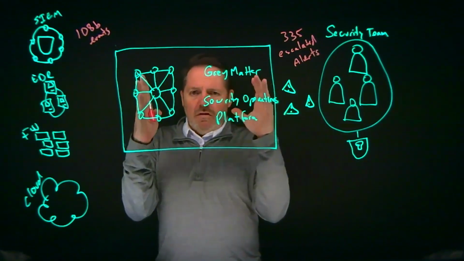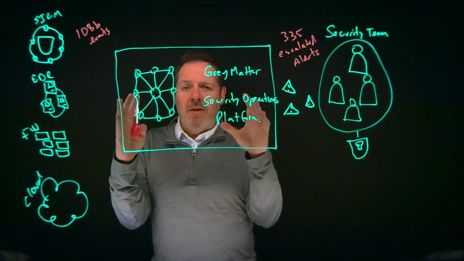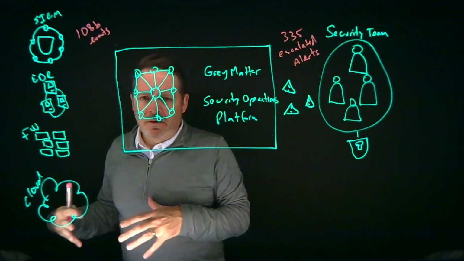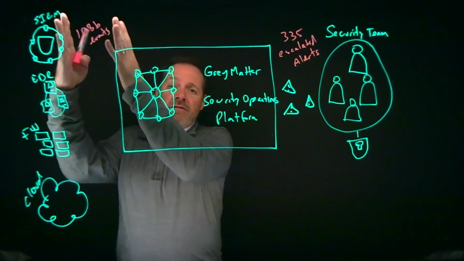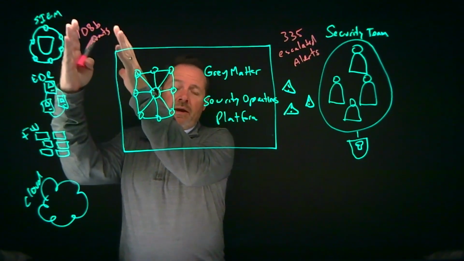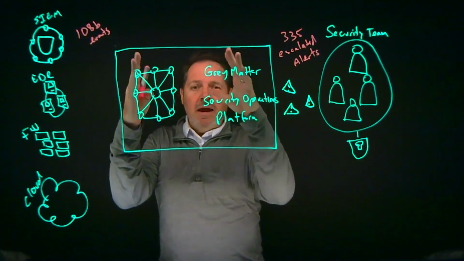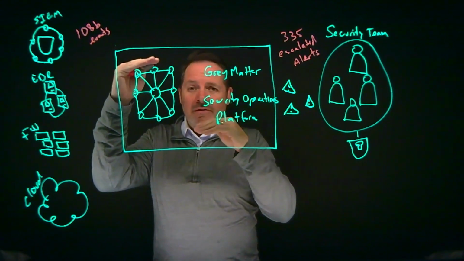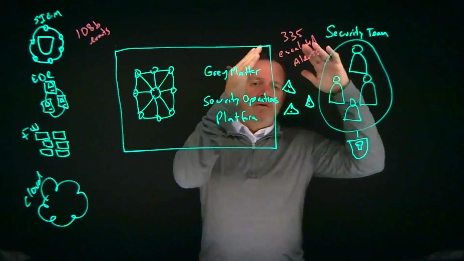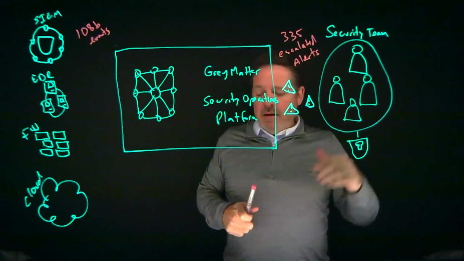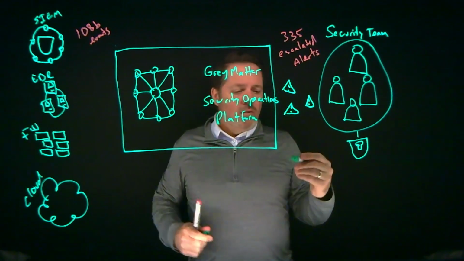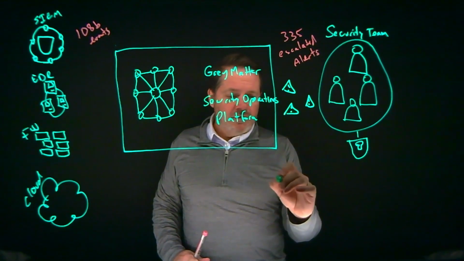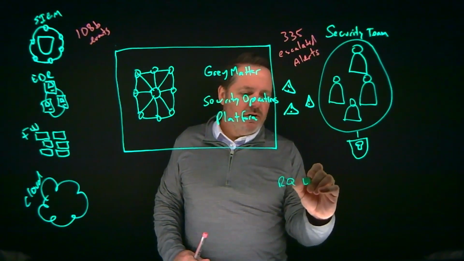And so the power of this platform is, how do I take all the noise and all the tools that customers have, and all the data that those tools bring, and understand it to know what I really need to focus on, and pass that on to the security team. And a lot of times, at least for ReliaQuest, we have our own security experts down here. I'm going to call this RQ experts.